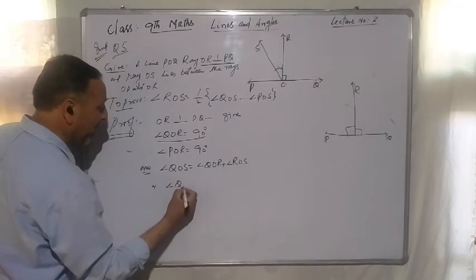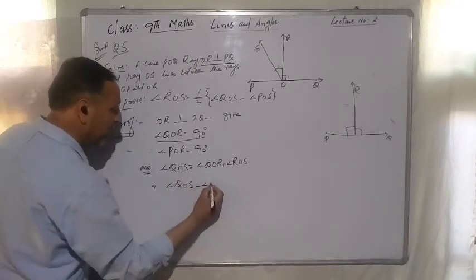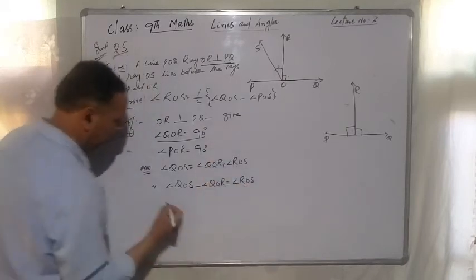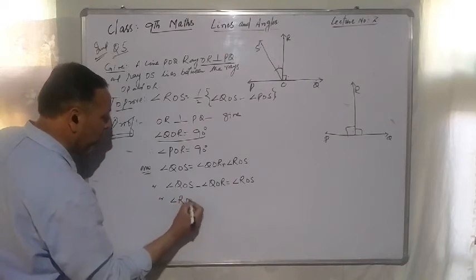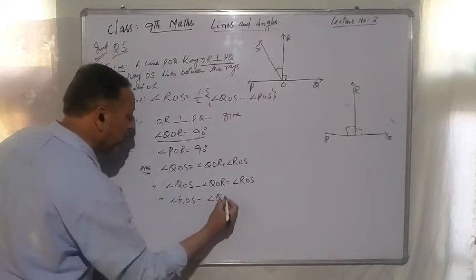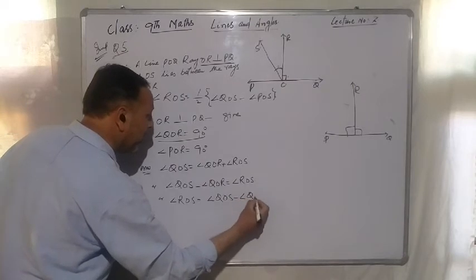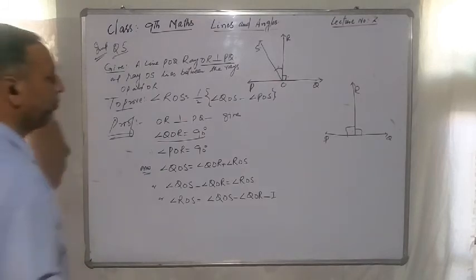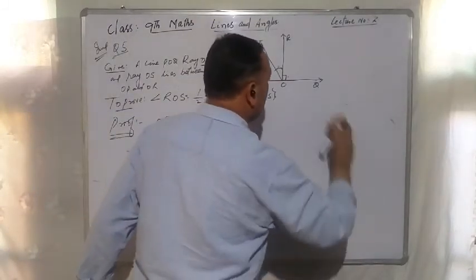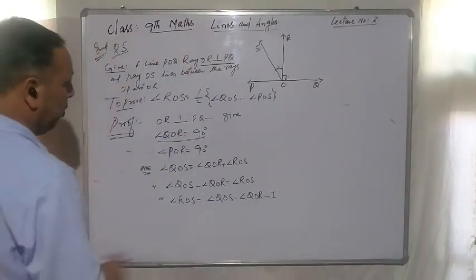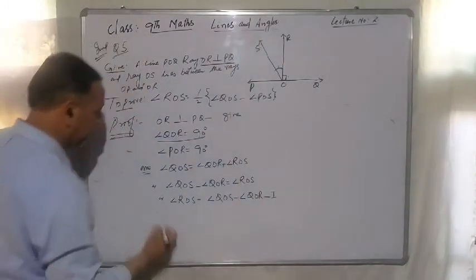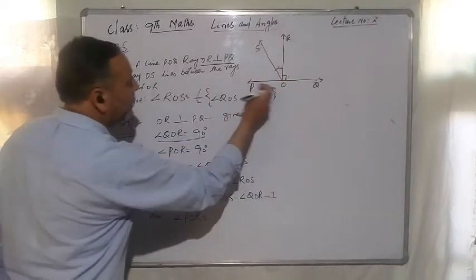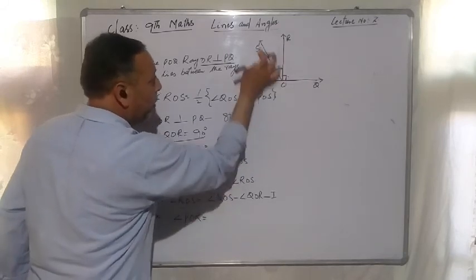We have angle QOS minus angle QOR equal to angle ROS. Or we can write it like this. Angle ROS is equal to angle QOS minus angle QOR. Keep this as first. Now, look at angle POR. Angle POR is angle POS plus angle ROS.